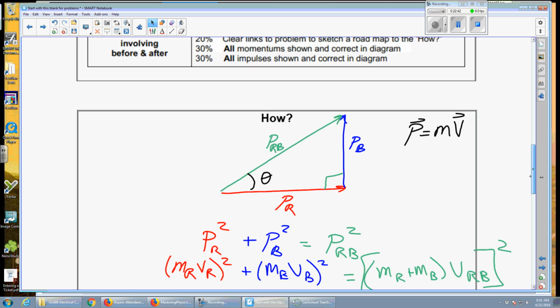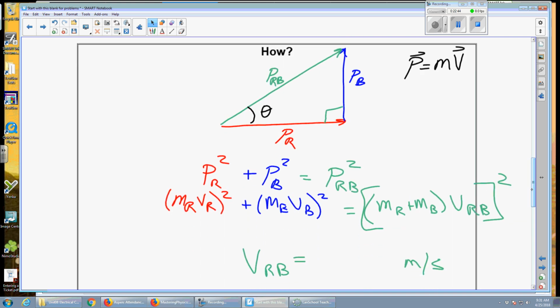So now, how are we going to find theta? If we know the red and blue sides, how are those related to theta? How is an opposite and an adjacent side related to the angle? Tangent, yep.